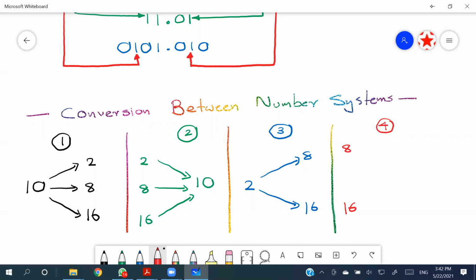Octal and hexadecimal values will be converted into binaries. Again, it has the very same way of doing those. People, just a second.